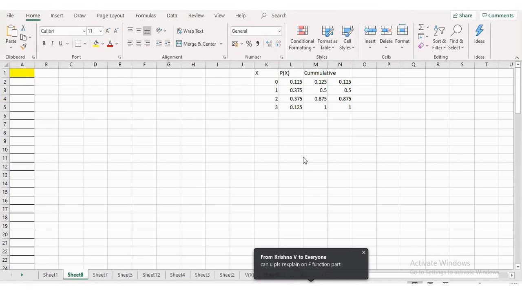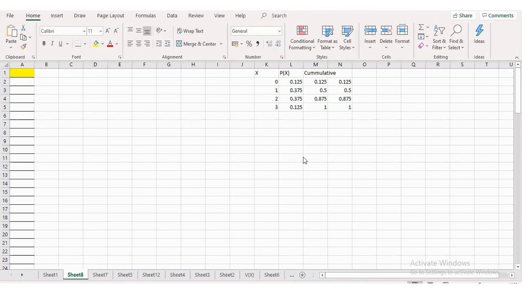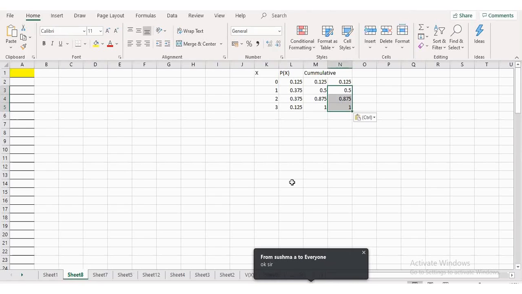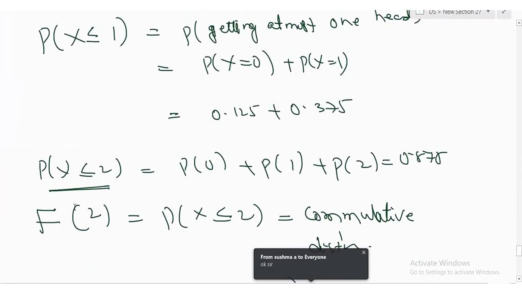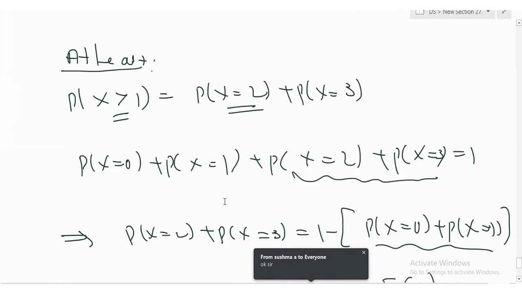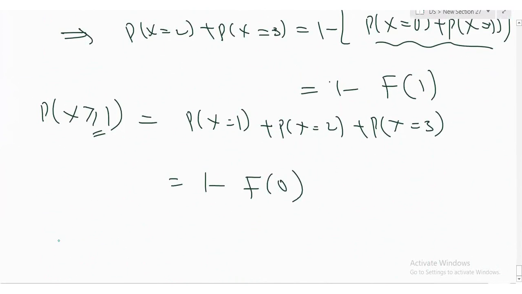At least is not the cumulative distribution. When I am referring to the cumulative distribution, it is starting from the initial to that point. For example, cumulative distribution means what? Less than that. So let me write it as a simple formula.